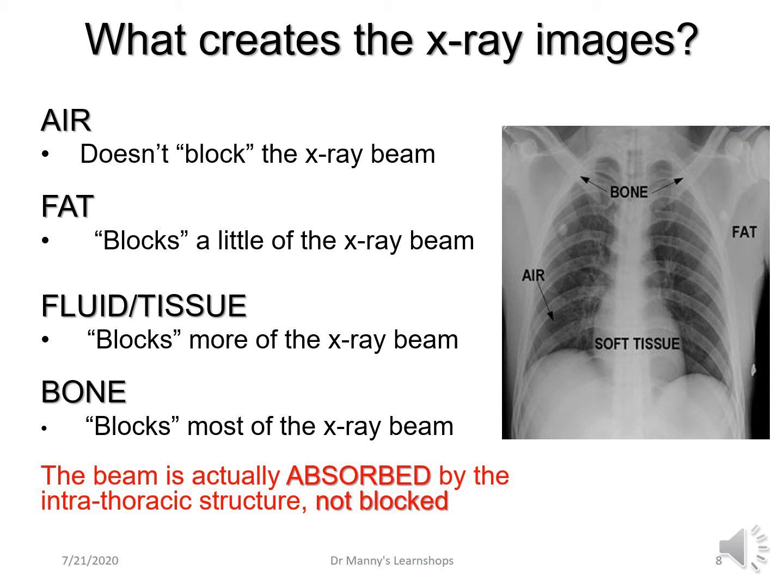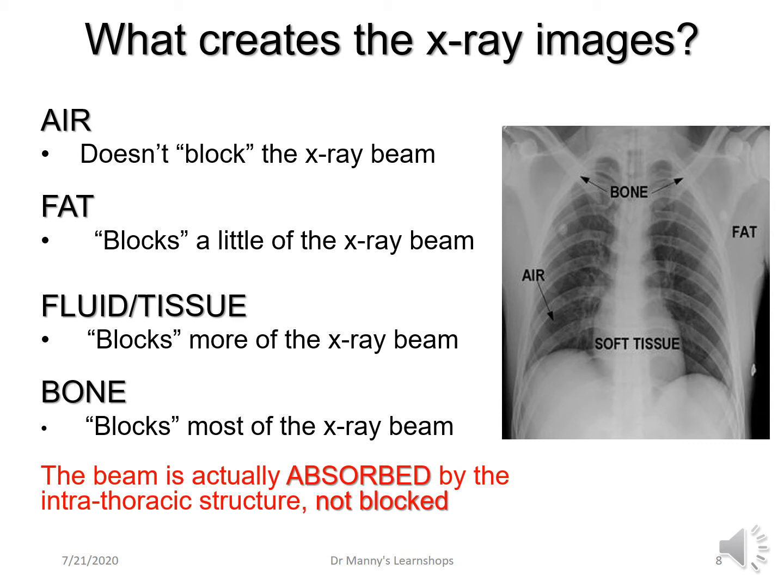So intrathoracic structures that are filled with air, such as the lung, will appear black. Fat, on the other hand, blocks a little bit of the X-ray beam getting to the film, and it will appear grey, such as the tissues related to fatty areas, such as the arms, or the armpits, or the skin.